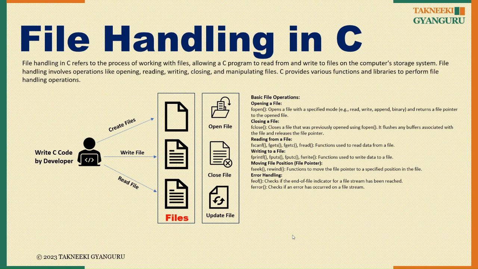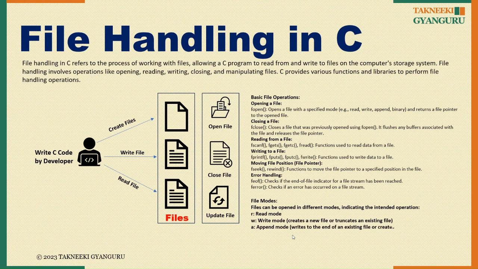These functions change the position of the file pointer, right? And the last one is error handling. If we want to handle errors, we can use feof and ferror, which check if there is any issue in the file stream, right?